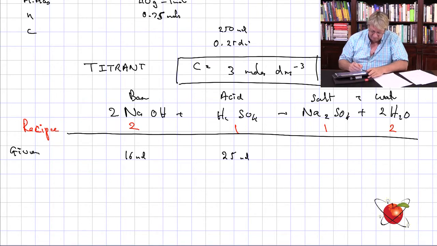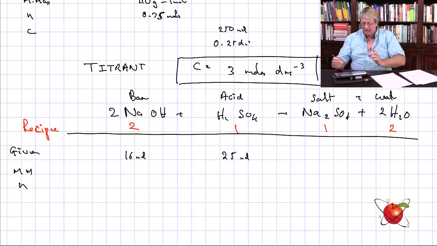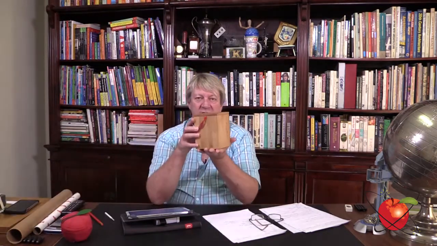So therefore, molecular mass and number of moles. But now let's ask ourselves, there are 3 moles in every cubic decimeter, aren't there? In this cubic decimeter, there's 3 moles.